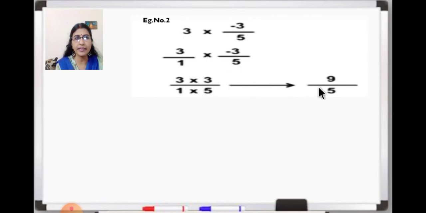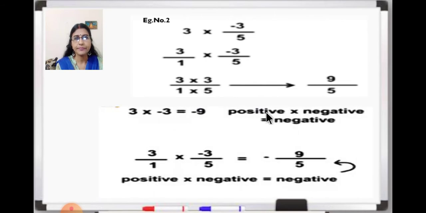So 3 3s are 9, 1 5s are 5. And then you can see here in this question 3 multiplied by minus 3 is given. So 3 into minus 3 is, we will get negative. Why? Because positive into negative is negative, which we have learned. So here you will get minus 9. So your answer will be negative 9 upon 5.